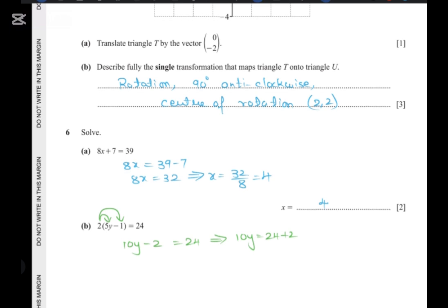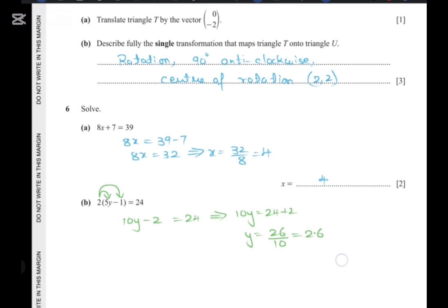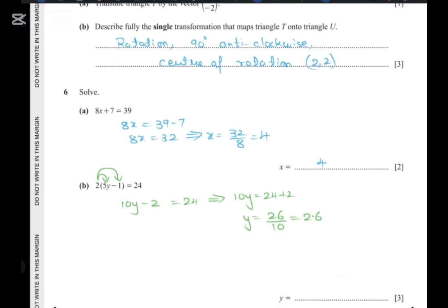Then y is equal to 26 divided by 10, which is 2.6. Because when you divide a number by 10, the decimal point shifts to the left. Question number B is done. Question 6 is done.